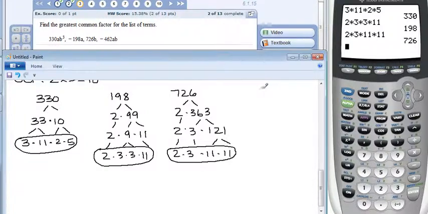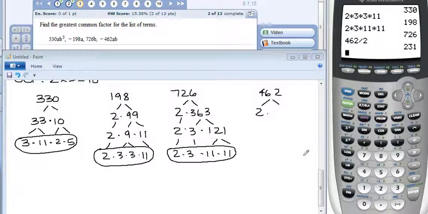And lastly, we've got this 462. All right, again, I don't know what's in there, so I'm just going to pull the 2 out. 462 divided by 2. Boy, these are just ugly numbers. 231. Really ugly numbers.